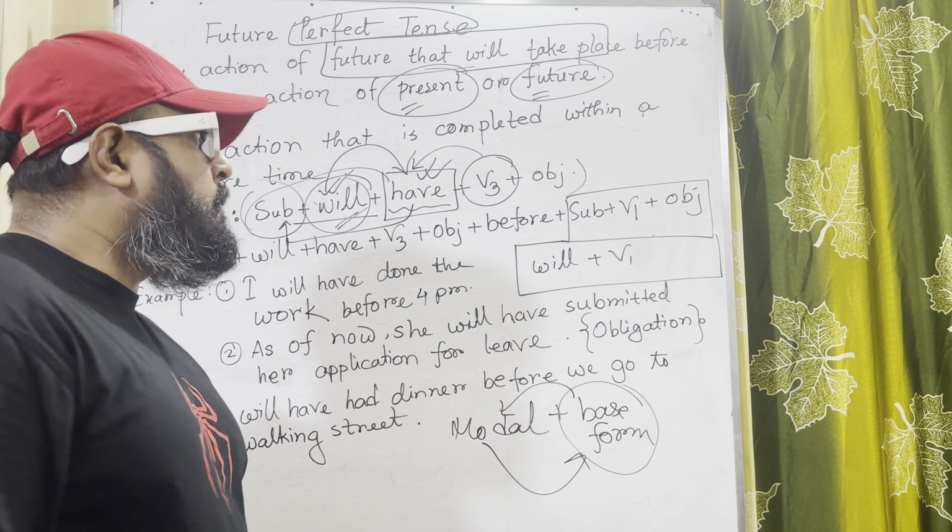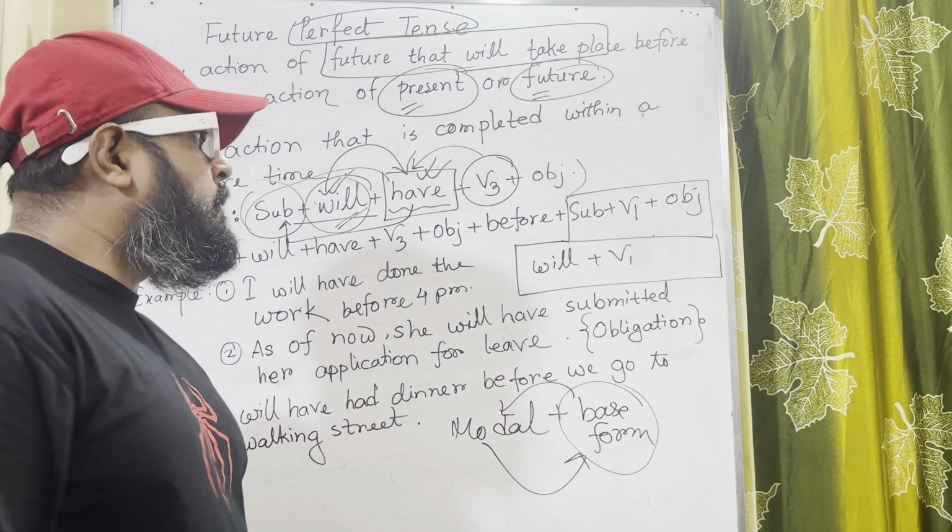Sometimes we use future perfect tense when we are talking about a future action that will take place before another action of the future or before any present action. Like this: subject will have V3 object.